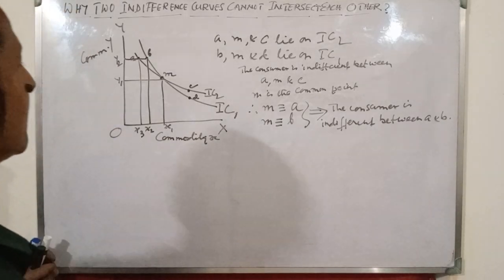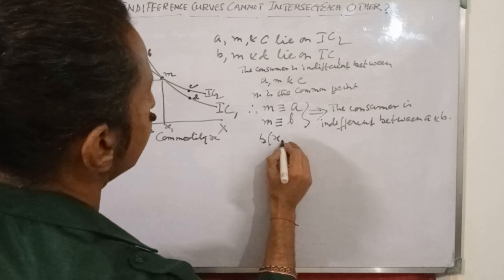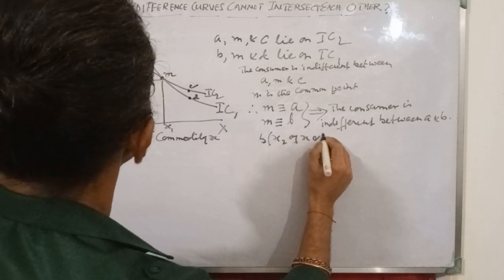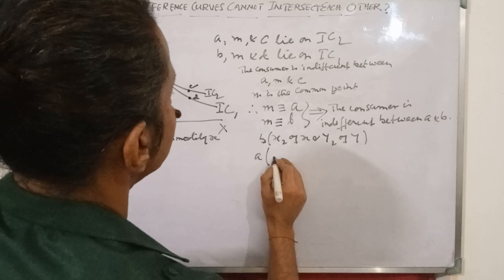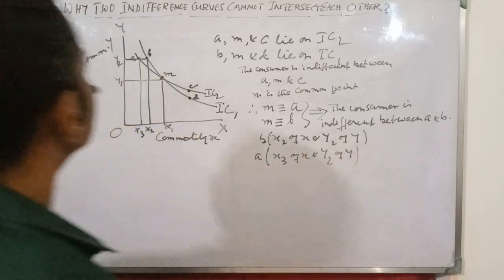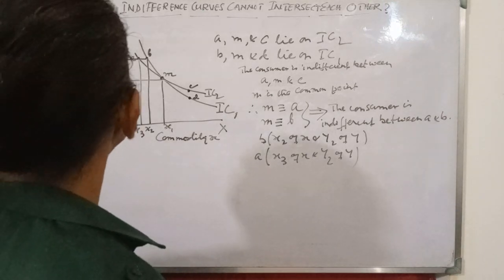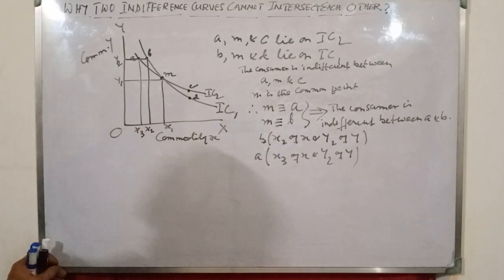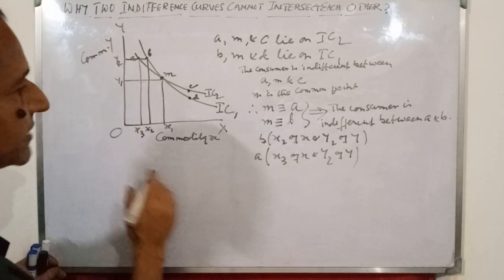But you see, B denotes x2 of X and y2 of Y, and A denotes x3 of X and y2 of Y. So while consumption of Y is the same as denoted by A and B, consumption of X is falling from point B to point A. That is, consumption of X at point A is x3, and x3 is less than x2.